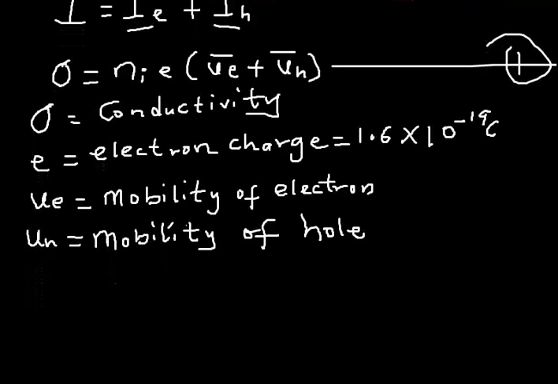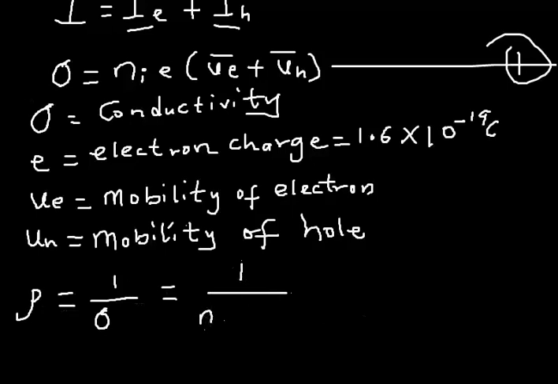Now, in case the question is to calculate the resistivity, in electricity resistivity is always given as 1 over the conductivity. Conductivity and resistivity are reciprocals. So to evaluate resistivity, all I need to do is 1 over the conductivity.